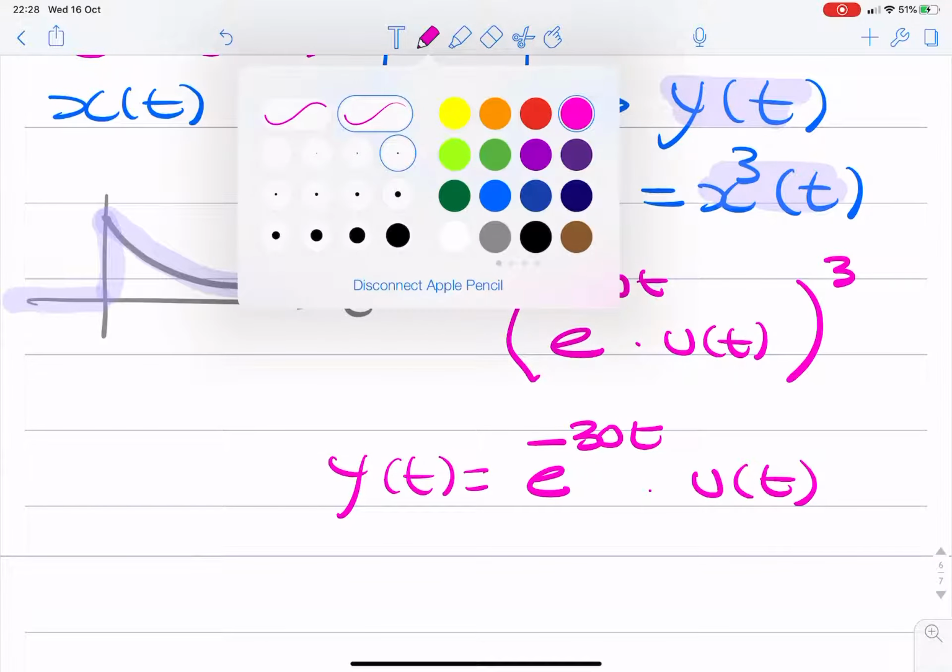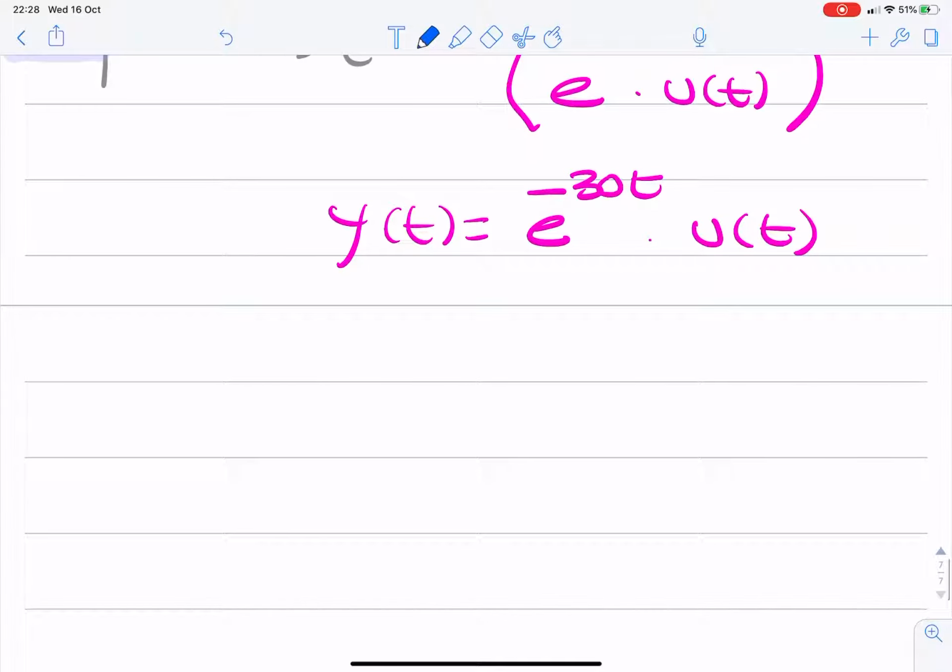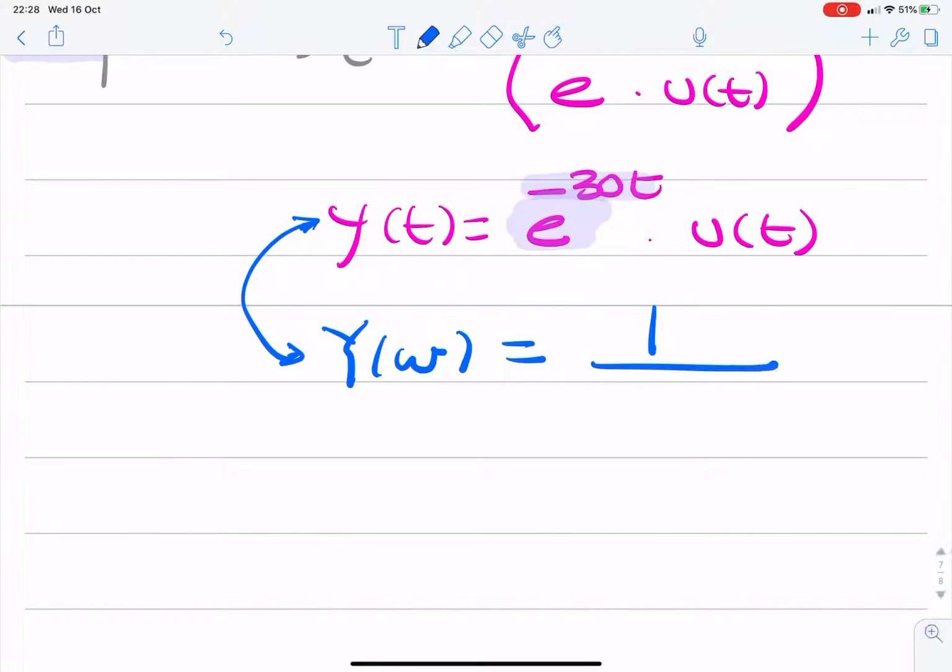Now the question is asking us to find y of omega. So y of t and y of omega form a Fourier pair. And the question actually tells us, in the question there is an expression for the Fourier transform of a decaying exponential, and it's simply 1 over a plus i omega.